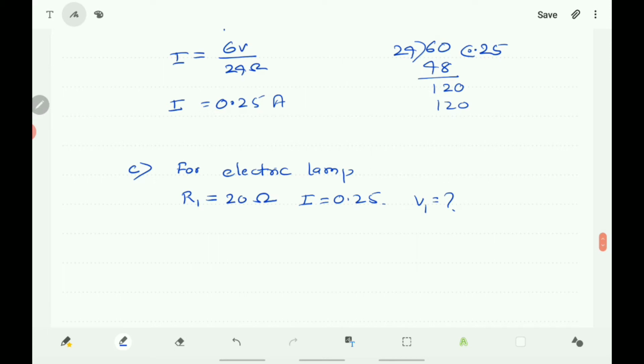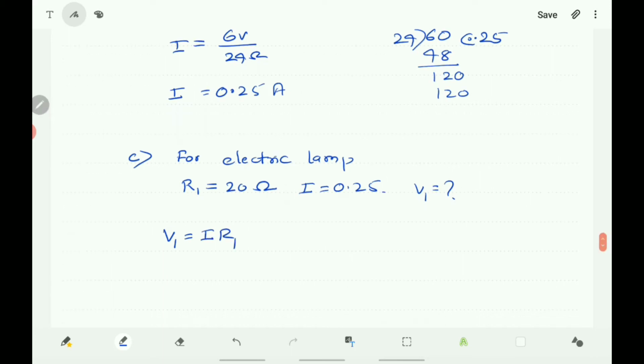Then the formula for V. According to Ohm's law, you can write V is equal to IR, that is I into R1. V is equal to IR, so V1 is equal to IR1.